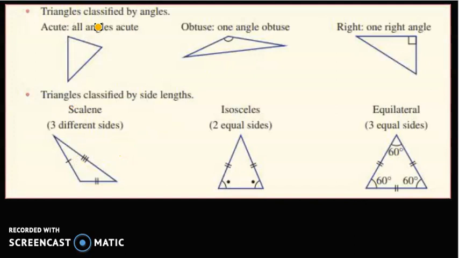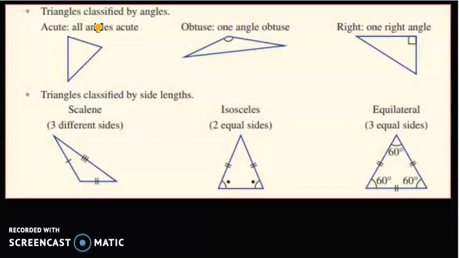Now, classification of triangles based on angle. Acute. In an acute angle triangle, all the angles are acute. Acute means less than 90 degrees. If a triangle has all its angles less than 90 degrees, it is called an acute angled triangle.